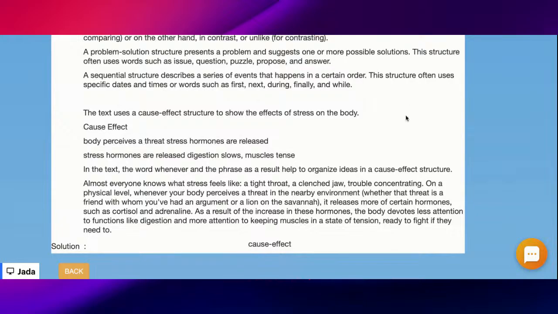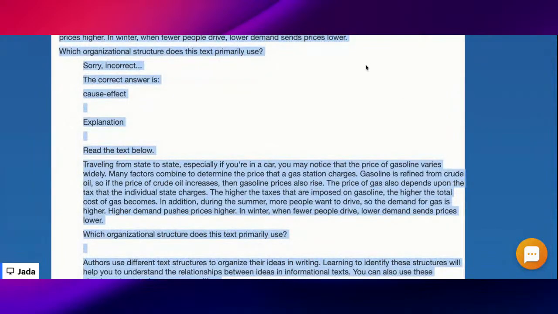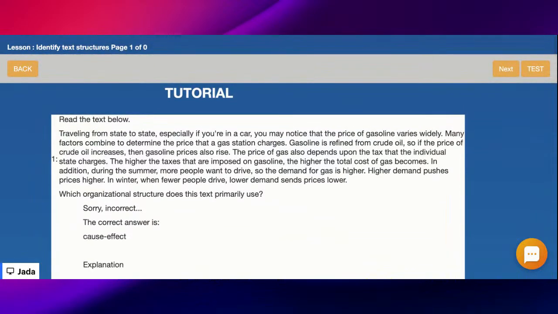So we will move on to the test. But before that, you can ask me any questions. Do you have any questions before we move to the test? I give you some time and you can ask me those questions if you have any.